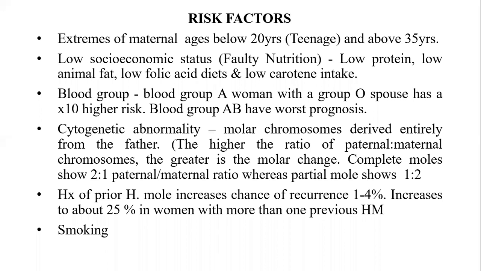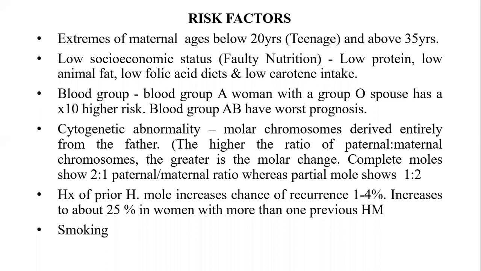Certain blood groups also increase the risk for H-moles, including blood group A in a woman with a group O spouse, which is associated with a 10 times higher risk. Blood group AB has the worst prognosis.